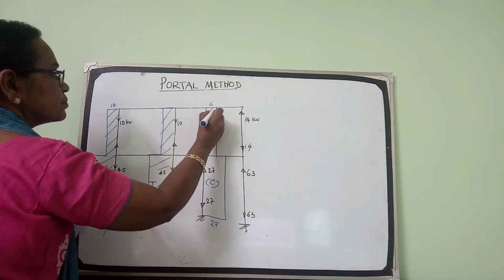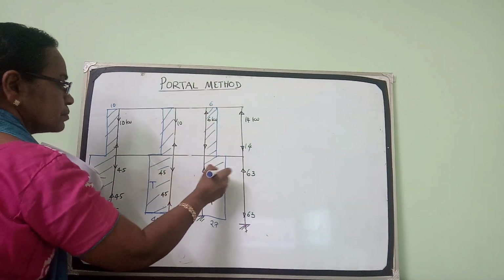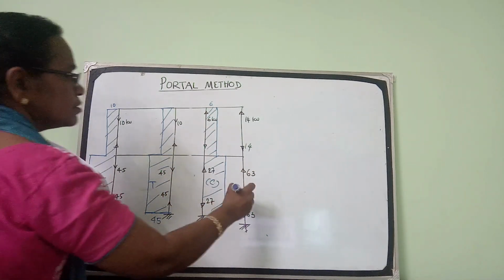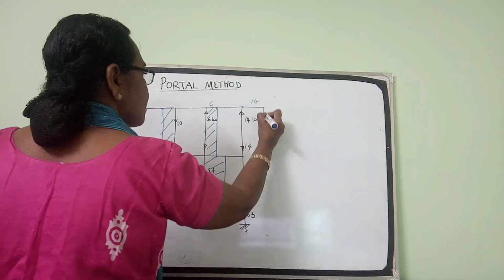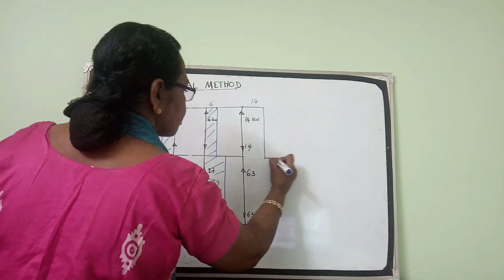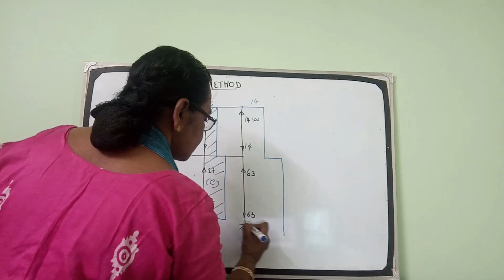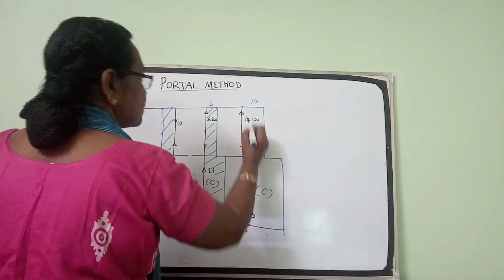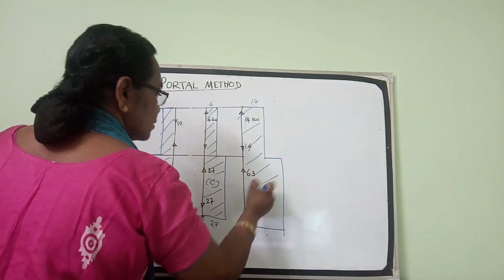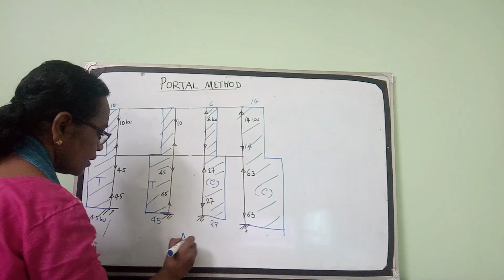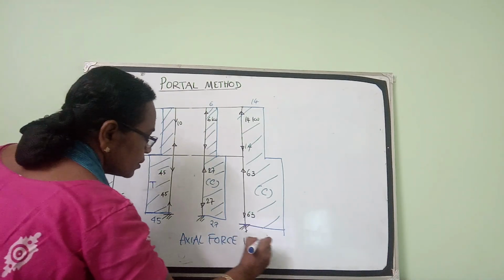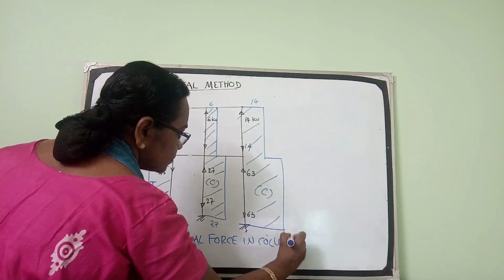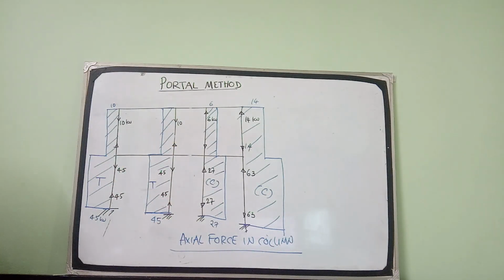Compression. This is 14 compression. So 14, 63 compression. So this is the axial force in column. That is another important result which I have got from the last step.